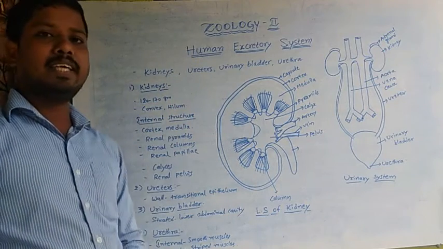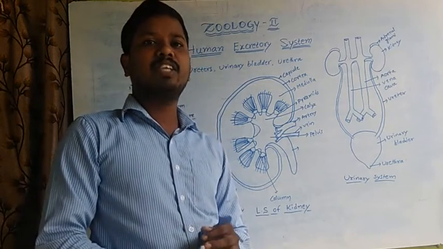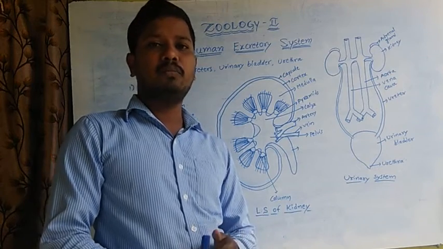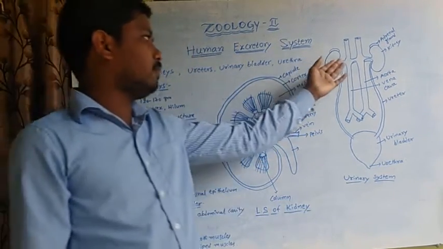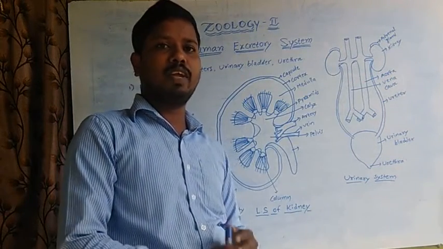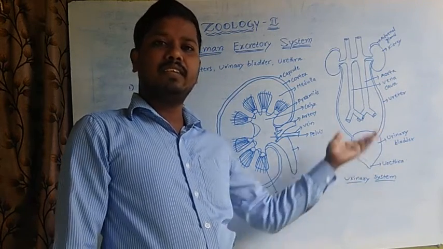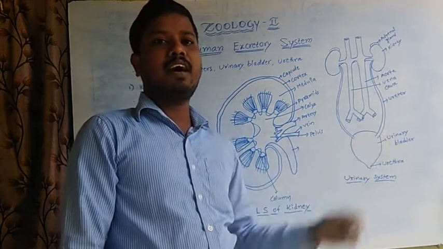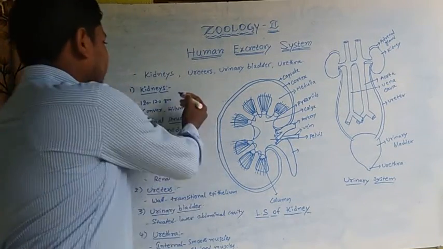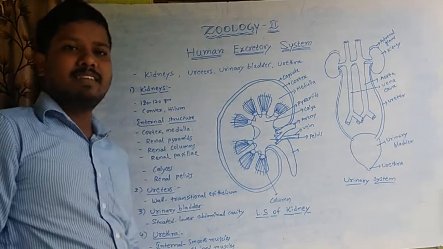Kidneys are located on either side of the vertebral column between the last thoracic and third lumbar vertebrae. Each kidney weighs about 120 to 170 grams.